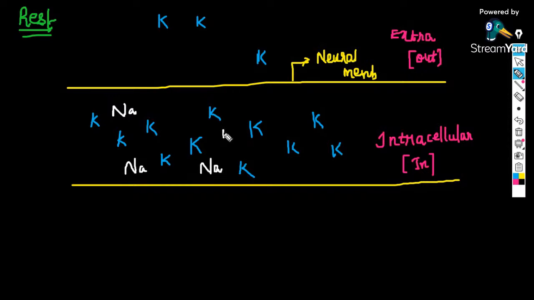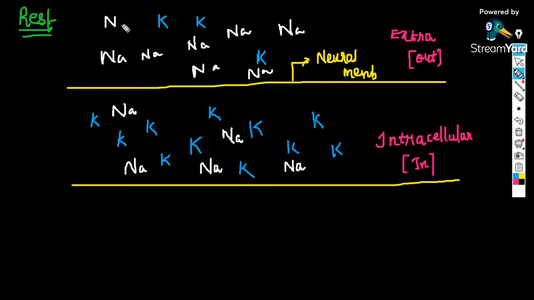So very few sodium ions are present inside the neuron. Whereas at rest, outside the neuron, the sodium ions are very large in number. That is, the number of sodium ions outside the membrane is very high. So you must understand that at rest, inside the neuron, potassium ion is high, sodium ion is less. Outside the neuron, sodium ion is high, potassium ion is less.